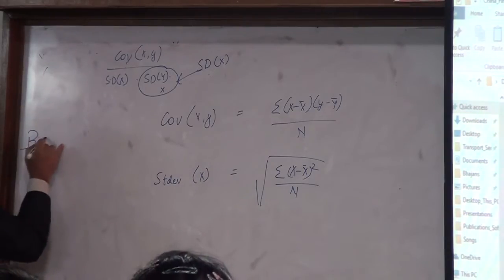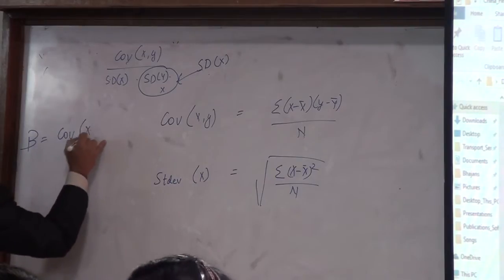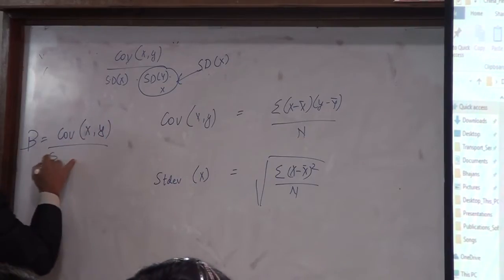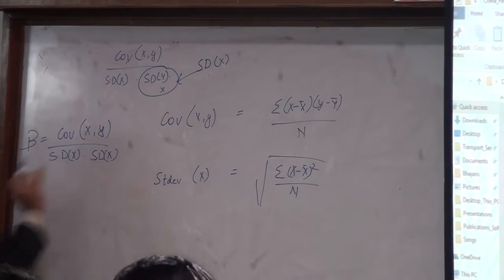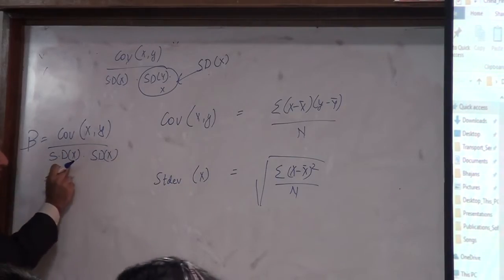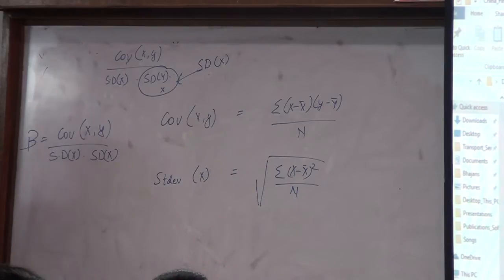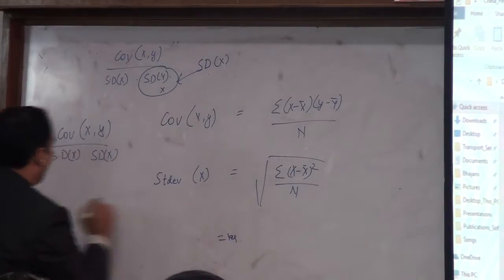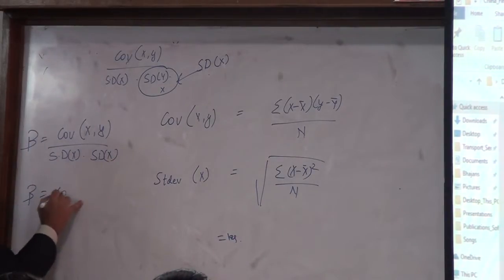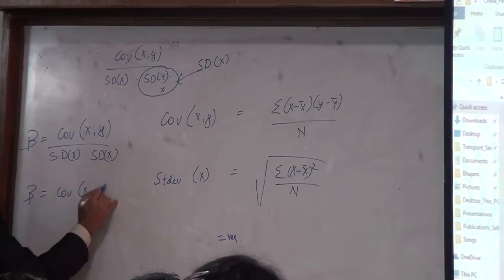Beta is equal to covariance of x and y divided by standard deviation of x into standard deviation of x, which is the variance. So beta equals covariance xy upon variance of x.